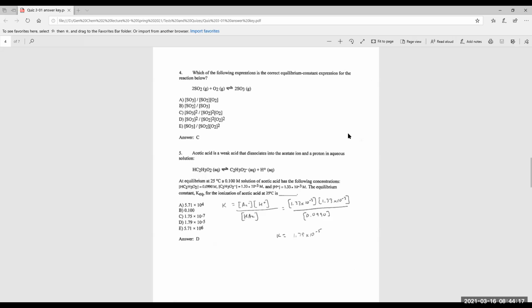So we would simply plug in those numbers because they're all already in molarity, so we're good there. So it'd be the 1.33 times 10 to the minus 3 times 1.33 times 10 to the minus 3 divided by 0.0990. And then we can solve for the K and get a value of 1.79 times 10 to the minus 5.